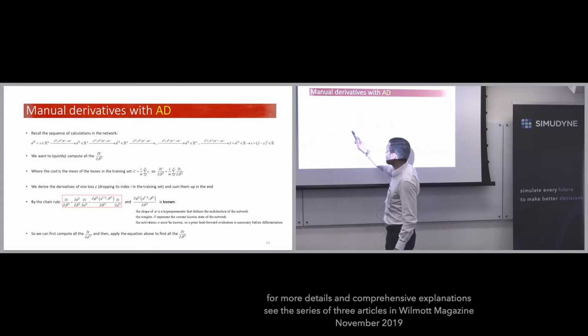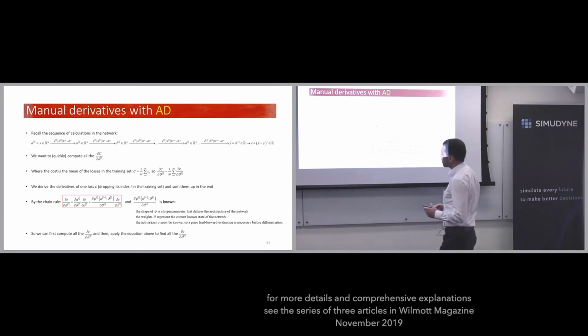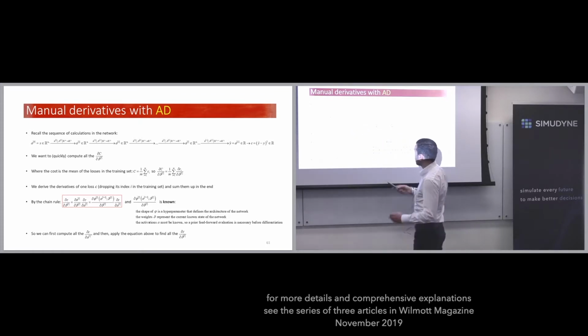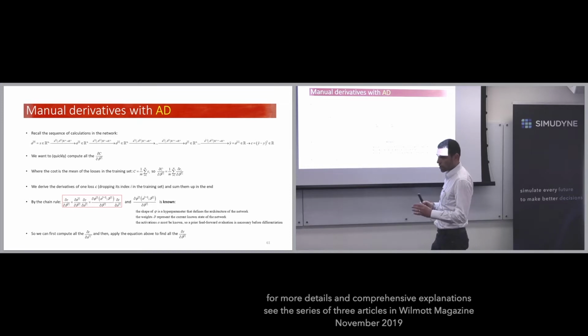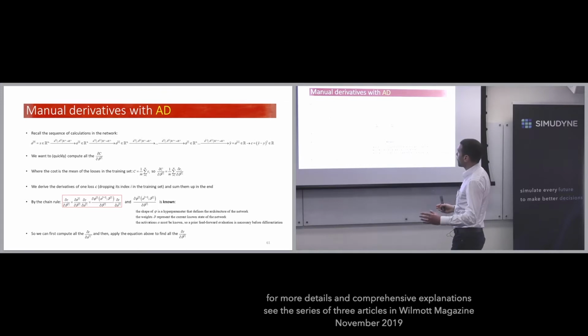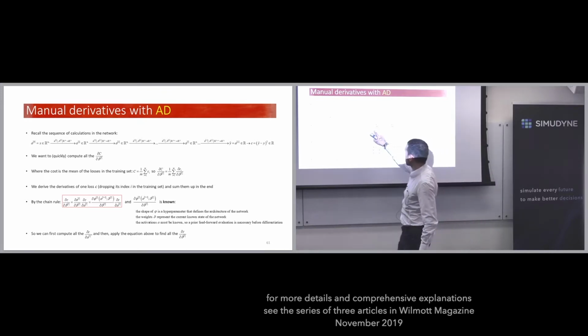Now this cost, C, is the mean or the sum of what we call losses in the training set. So that's a sum of squared prediction errors. Each prediction error on example i, we called it Ci, and Ci is just the squared prediction error for example i with the current weights, right? And the cost is the average of the sum of the losses.